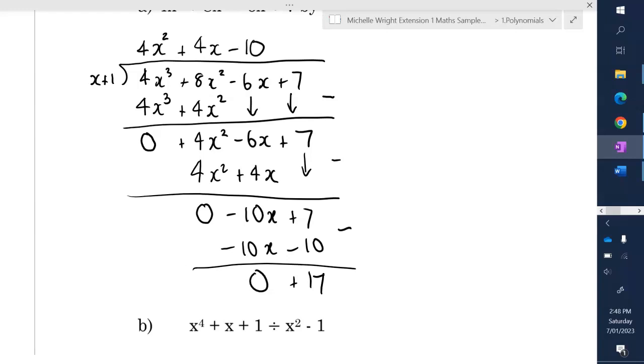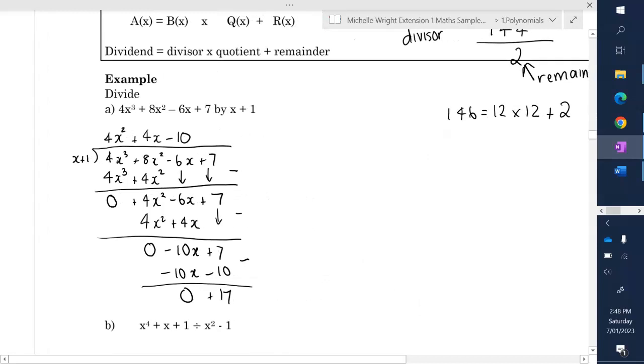This polynomial here, underneath our sign, is equal to this one here times this one we've found out at the top, plus our remainder. And I'm going to write that in that format. I'll just pop it over here to the right.